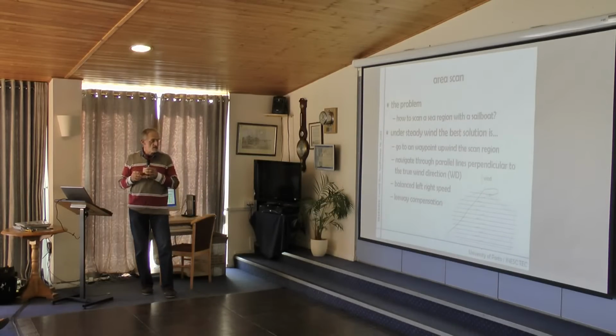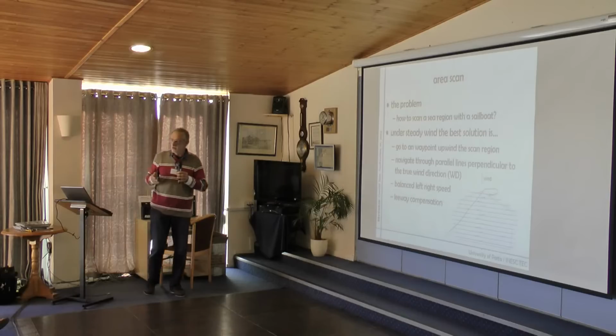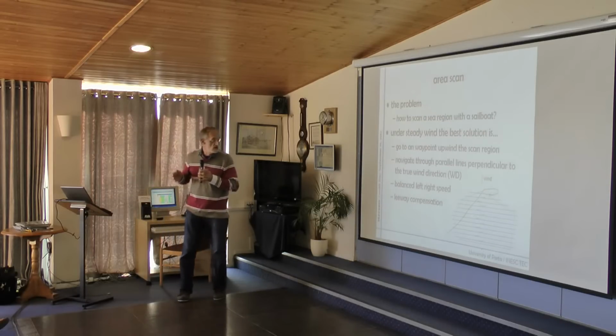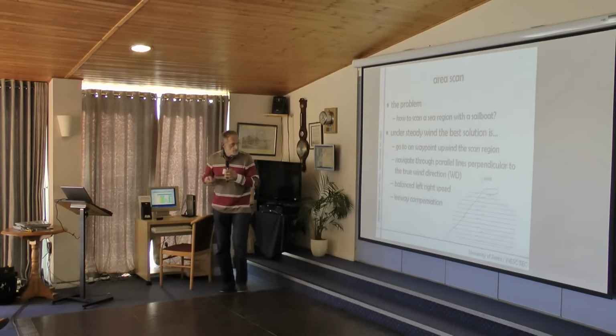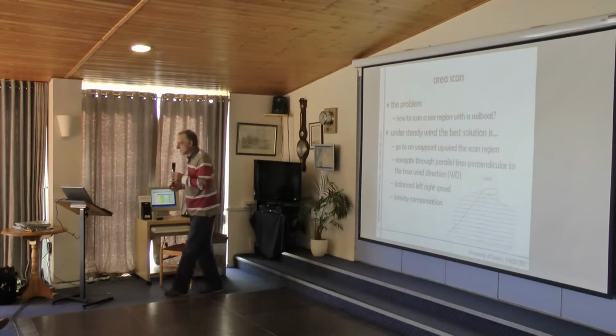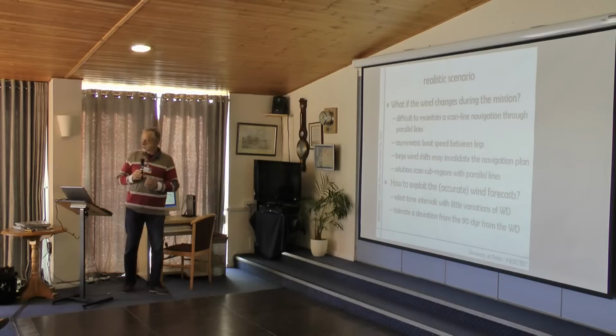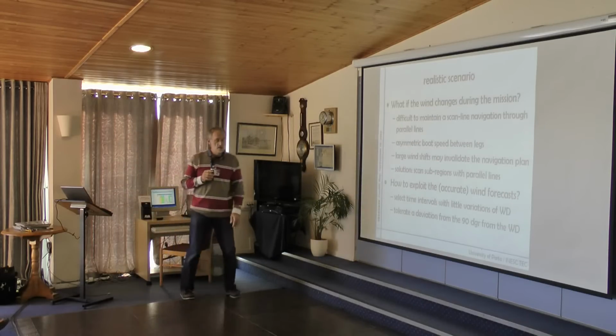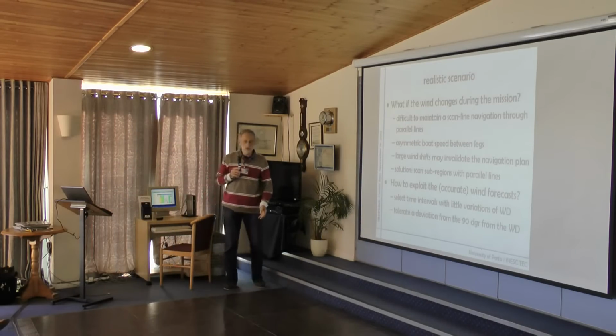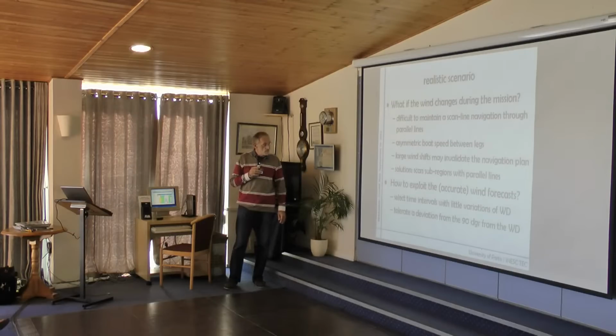This is the best for when the wind is stable, when the wind does not vary during the mission. But the problem is if the wind, especially the wind direction, changes during the mission, it is impossible in the general case to maintain such a scan pattern.